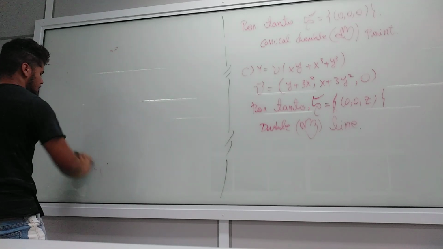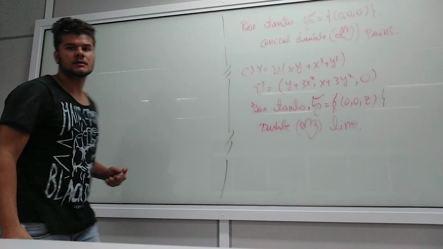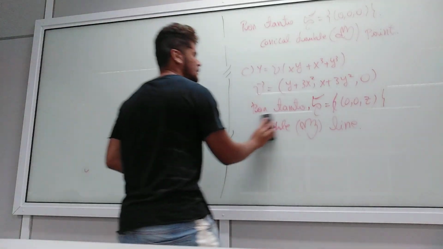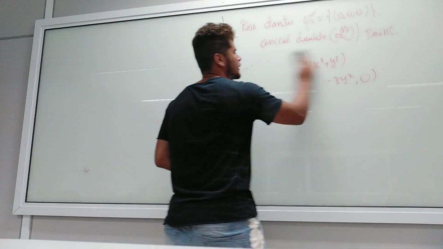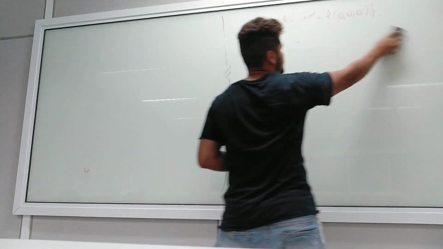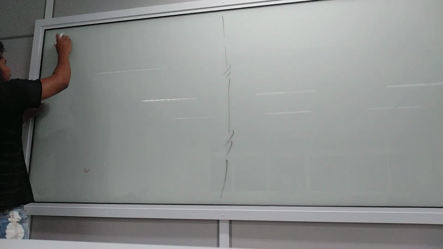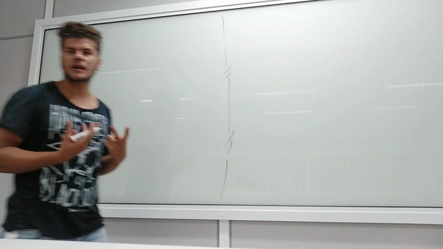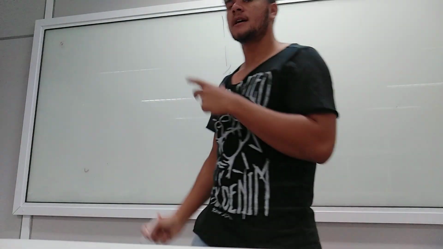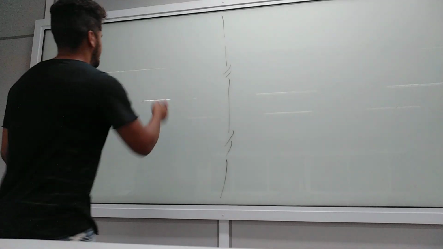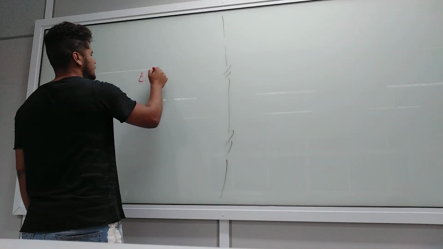So we're gonna start lessons on Lie algebras, and our goal in this course is to give a complete proof of the classification of Lie algebras, one of the works of Cartan.